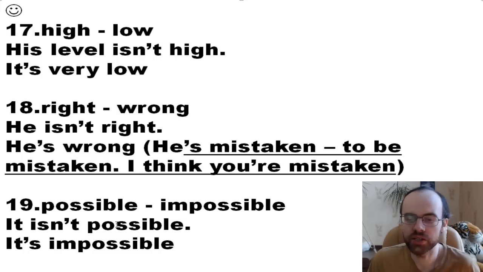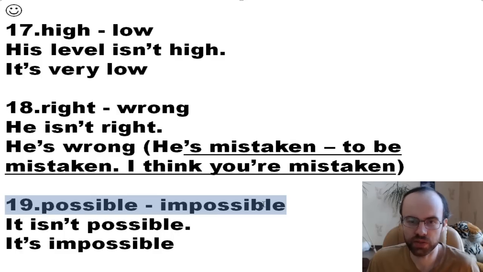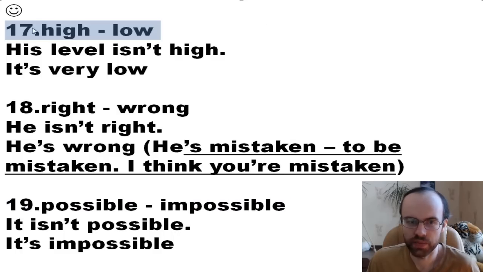I know that in Spanish it sounds posible or imposible. So as possible or it's possible. Or as impossible, it's impossible. Very easy to remember it. Possible and impossible. Okay, so high and low.